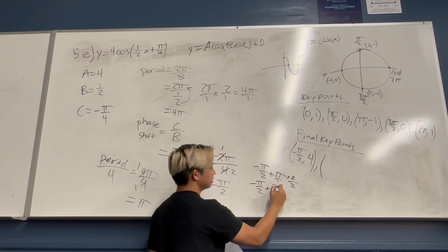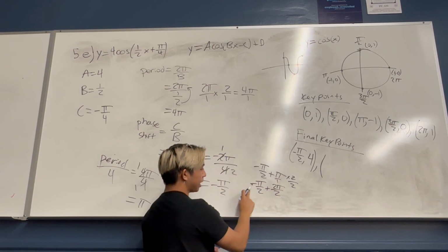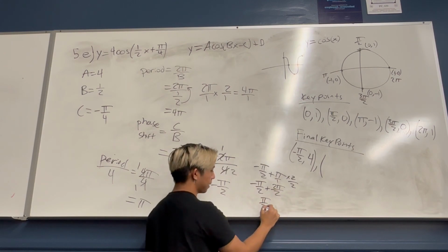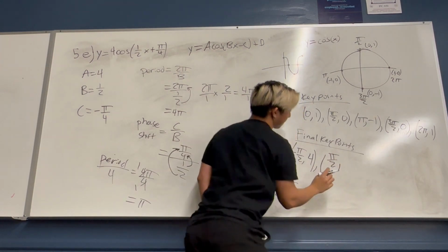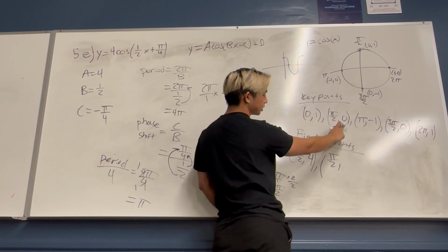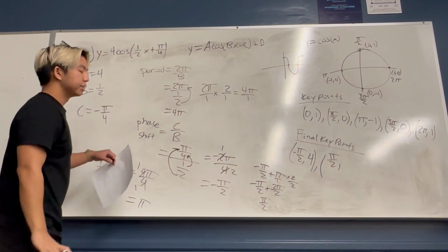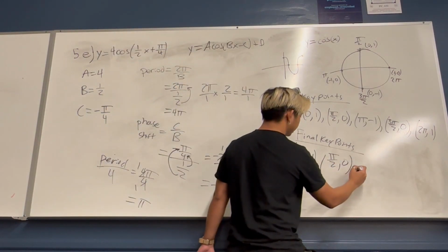So this becomes 2 pi over 2. So negative pi plus 2 pi, over 2, equals what? Pi over 2, right? So our next coordinate here is pi over 2 comma what? What's our y? 0, right? So 0 times our amplitude of 4 gives us 0. So something like that.